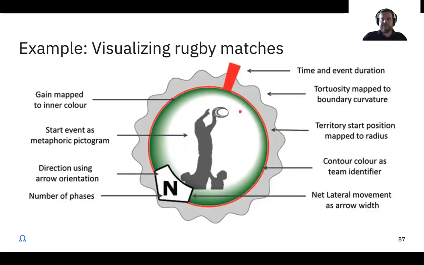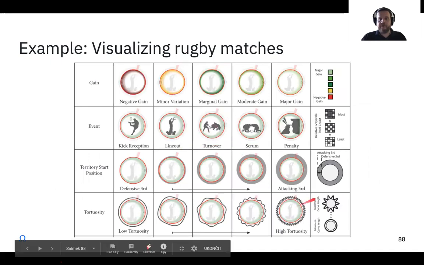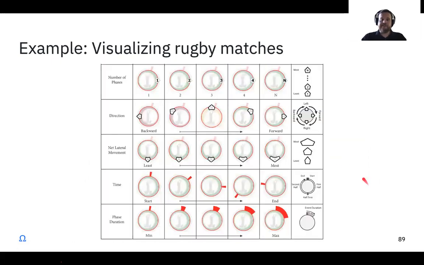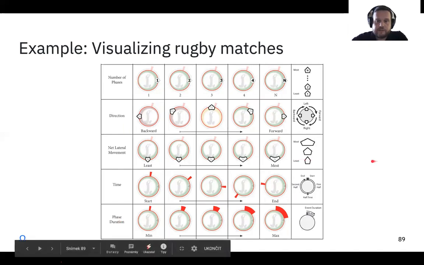But you can encode various information about the rugby matches. Here it is nicely decomposed. I'm not a rugby person, so I don't really understand this, but this is being given as one of the successful applications. Then we go on with encoding of these variables.